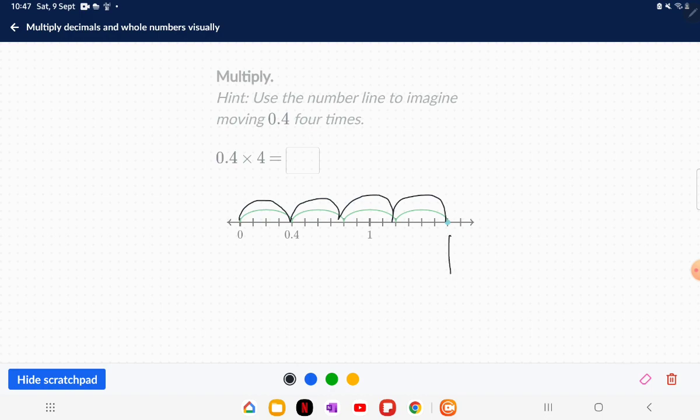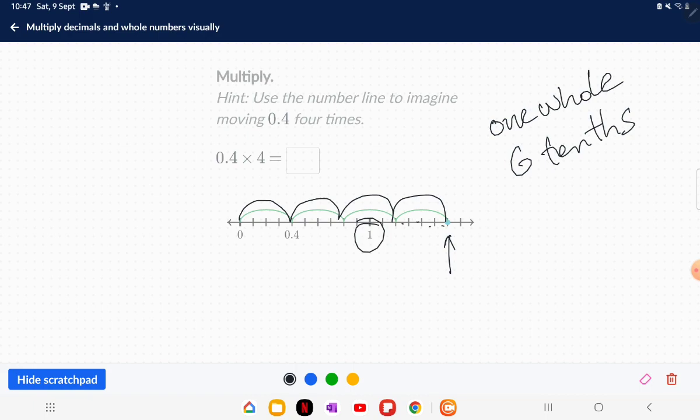We are at 1 here, and each of these little lines is a tenth. So 1/10, 2/10, 3/10, 4/10, 5/10, and 6/10. So we are at 1 and 6/10, one whole, which is this, and 6/10.